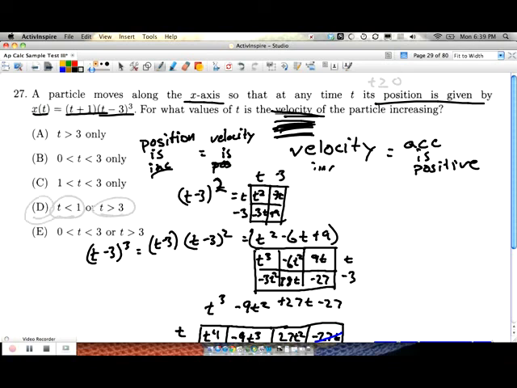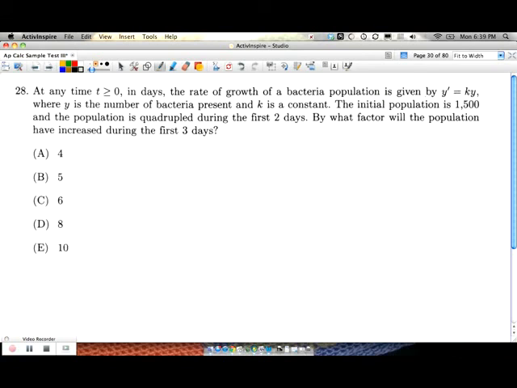At any time t greater than or equal to 0 in days, the rate of growth of a bacteria population is y prime equals ky. y is the number of bacteria present, and k is a constant. The initial population is 1,500. That's our constant. Remember how we have C e to the kt?